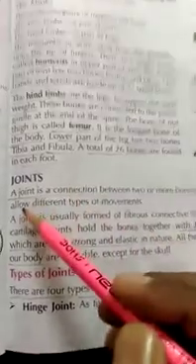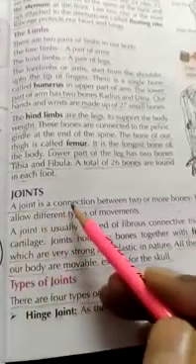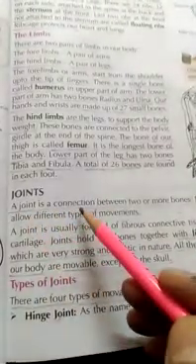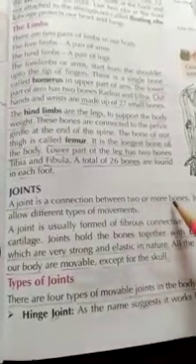Today in class 5 EVS, we will continue with chapter number 2. Now, let us come to joints. A joint is a connection between two or more bones.